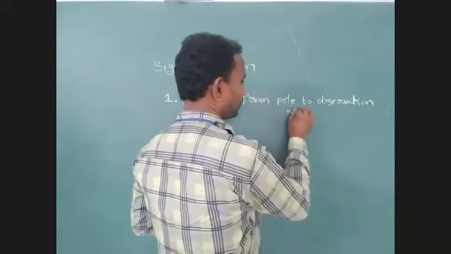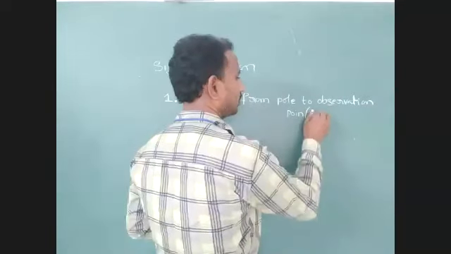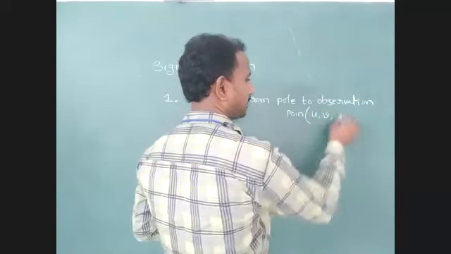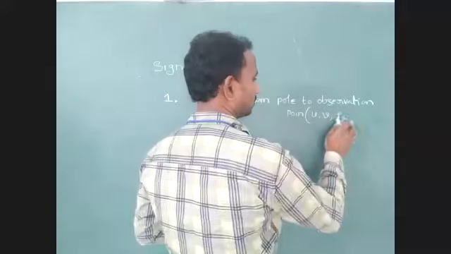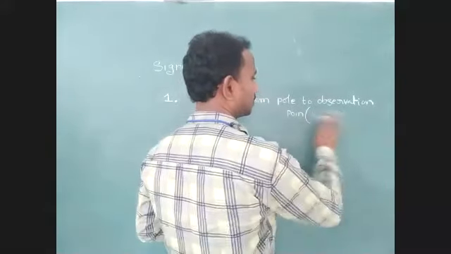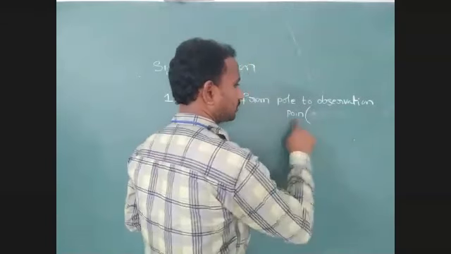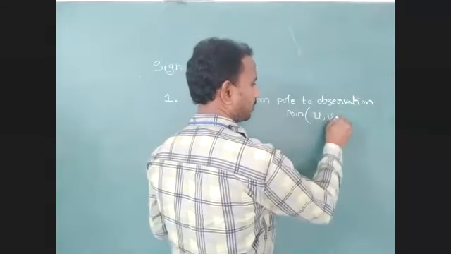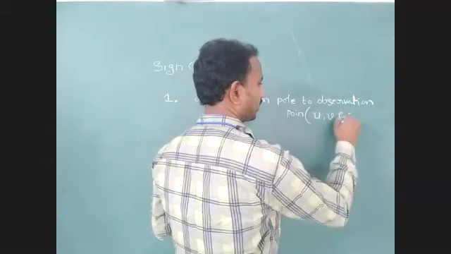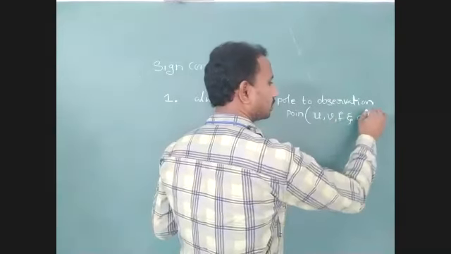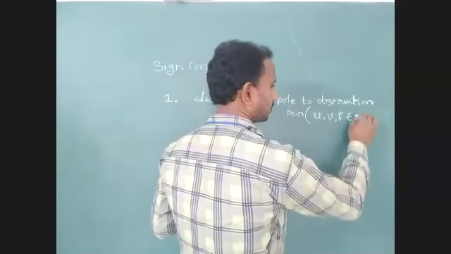The observation points are the object distance, image distance, focal length, and center of curvature point, meaning radius of curvature.